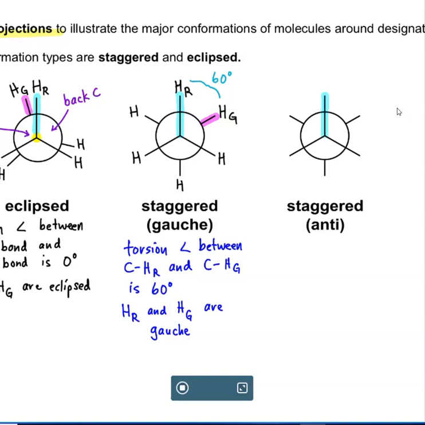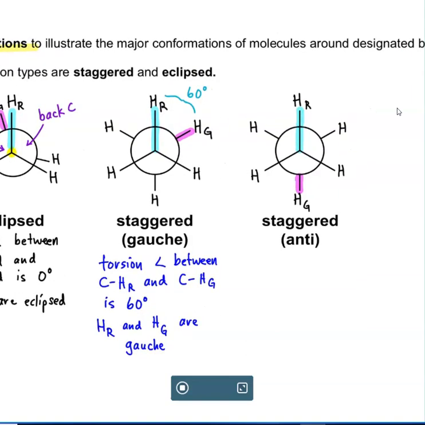Okay, so the bond to HR still points straight up. But what we've done is rotate to the point where the bond to HG coming off of the back carbon is now completely opposite the bond to HR. So in this instance, the torsion angle between those two bonds is now 180 degrees.